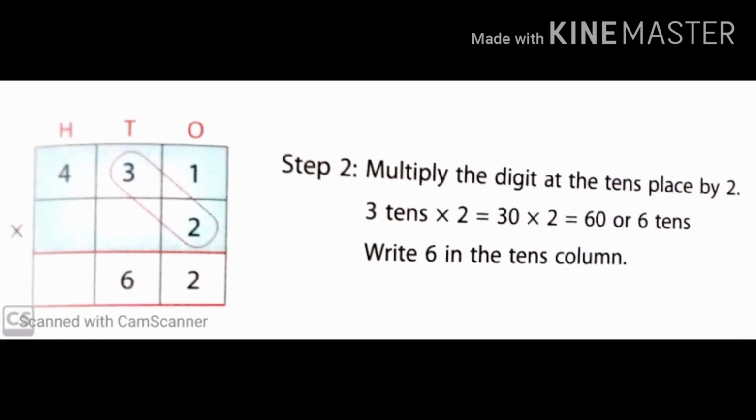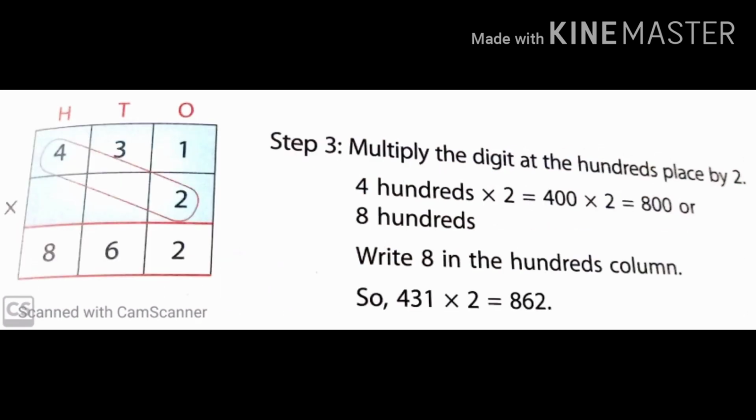Step 2. Multiply the digit at the tens place by 2. 3 tens into 2 equals 30 into 2 equals 60, or 6 tens. So write 6 in the tens column. Now step 3. Multiply the digit at the hundreds place by 2. So 4 hundreds into 2 equals 400 into 2, that is 800, or 8 hundreds.